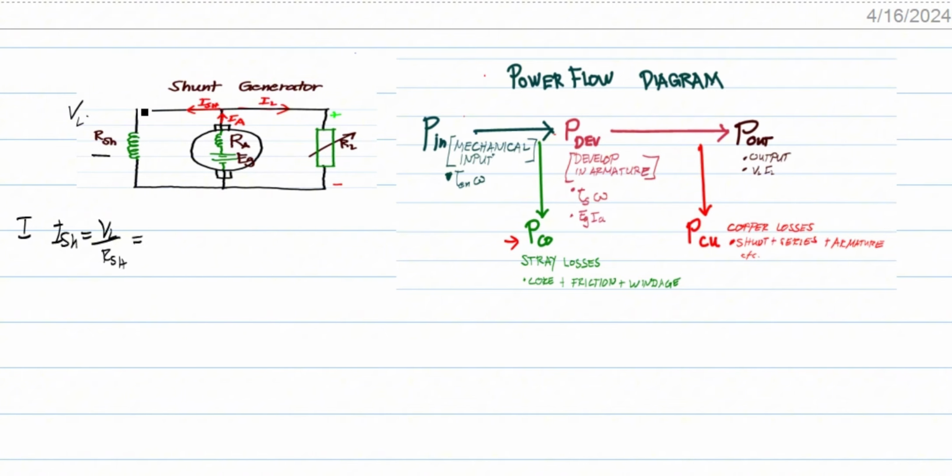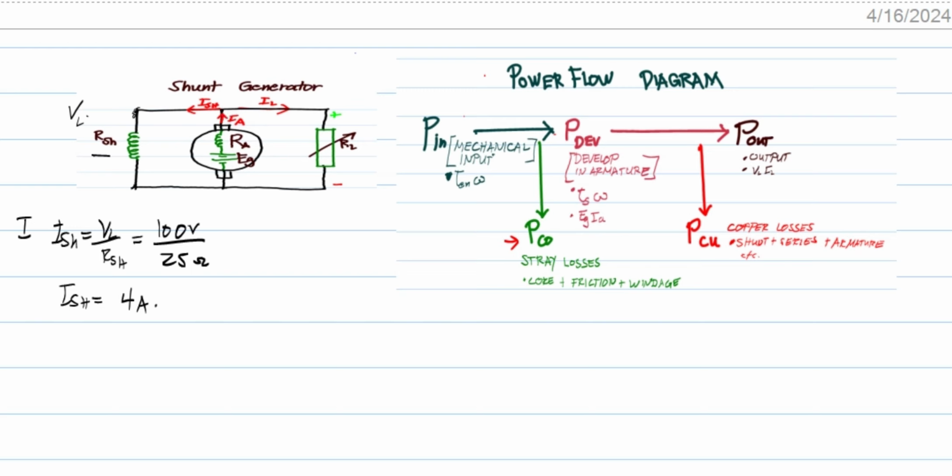Why do we use VL? Because they are in parallel, they have the same voltage. Therefore 100 volts divided by 25 ohms gives ISH of 4 amperes.